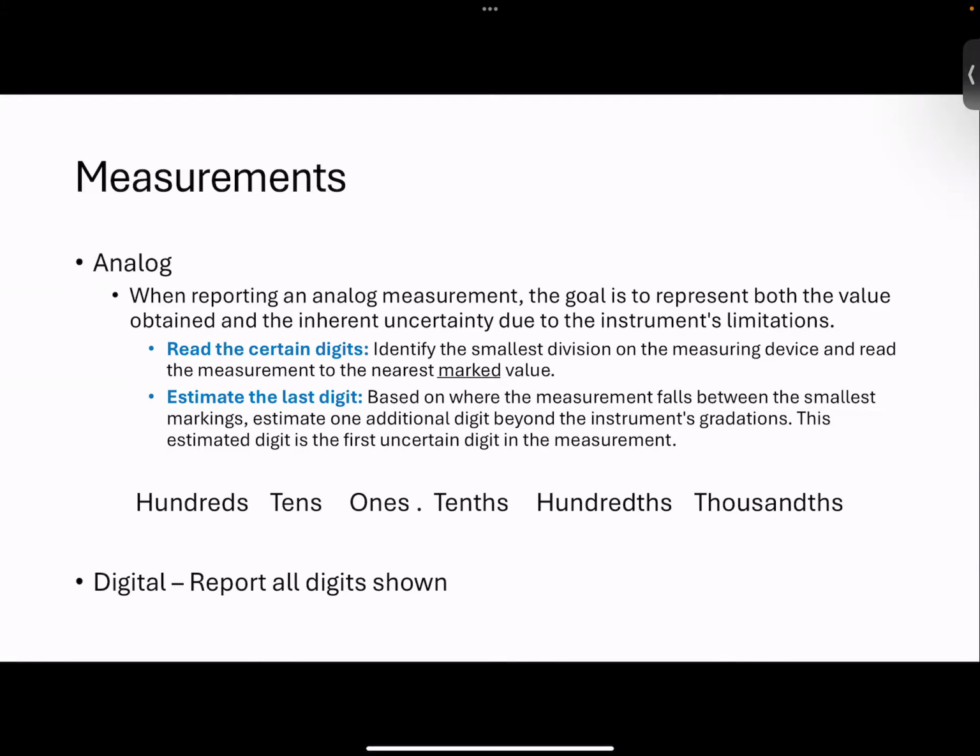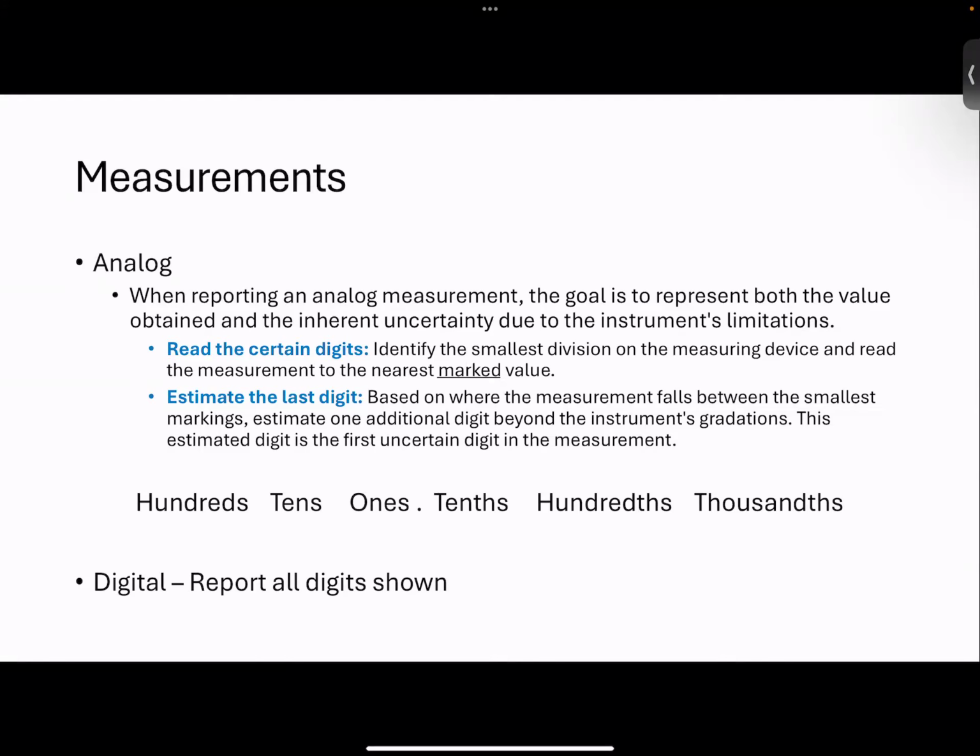In other words, folks, you're going to ask yourself some questions. Such as, can I read the tens place? Meaning, is there a mark for 10? Is there a mark for 20? Is there a mark for 30?